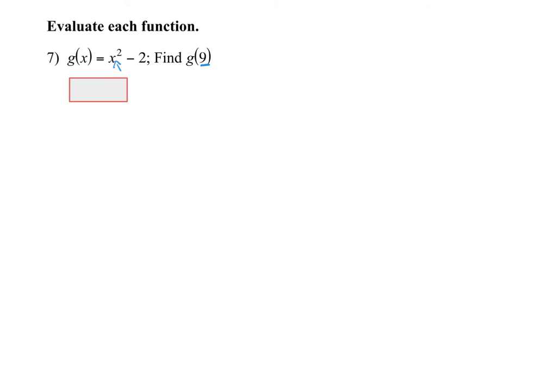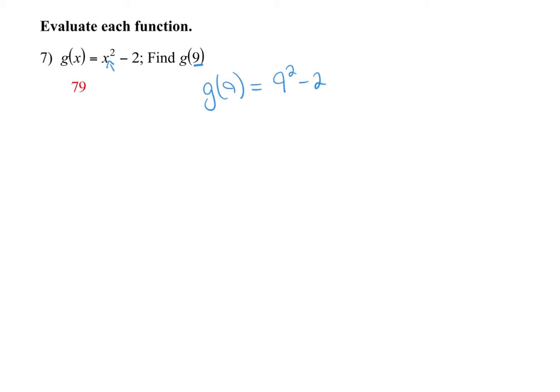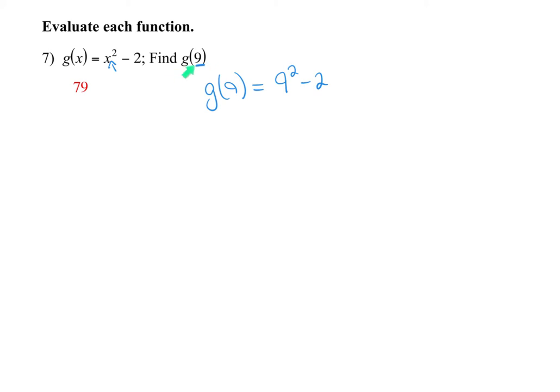So my answer here for g of 9 is going to be what happens when I plug in a 9. All right, and so your answer looks like this, 81 minus 2. All right, that's all you're doing. It is simply getting you used to function notation. This is asking for what is the output, what's the output when you input a 9.